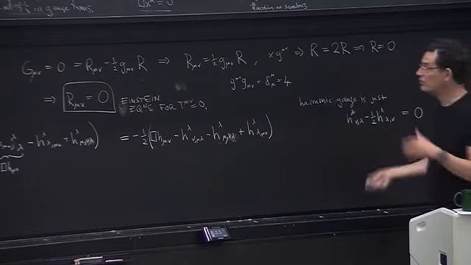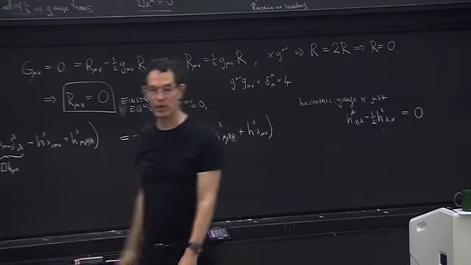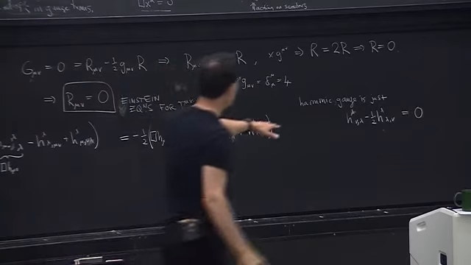Okay, so harmonic gauge obviously involves one derivative of the metric. And so I just invite you to work out that equation.